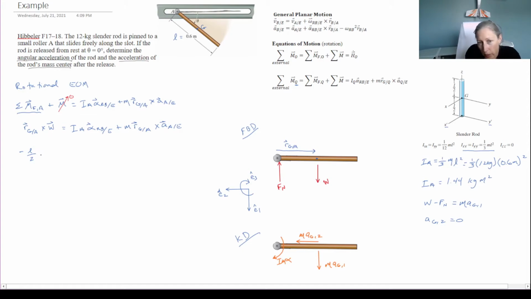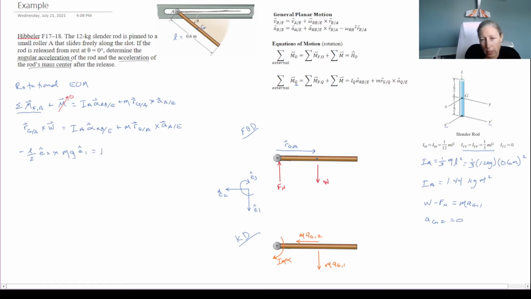And that's going to be in the negative E2 direction, right? And then crossed with the weight force is going to be mg, and that is acting in the positive E1 direction, right?